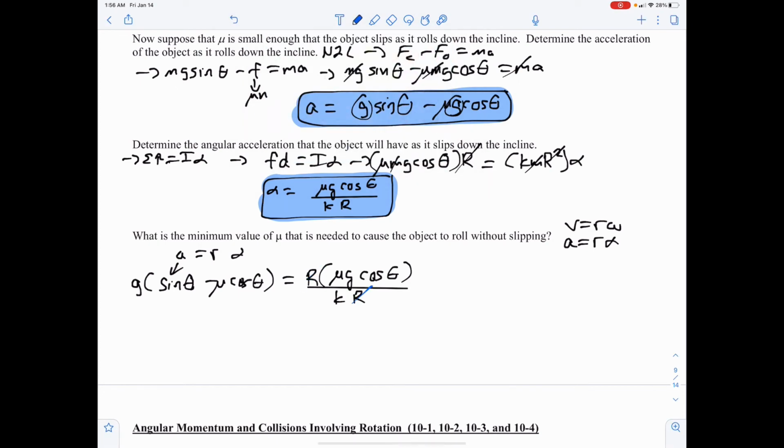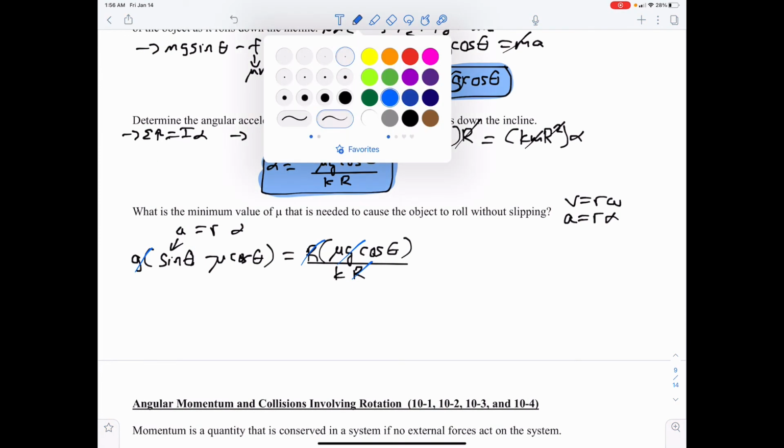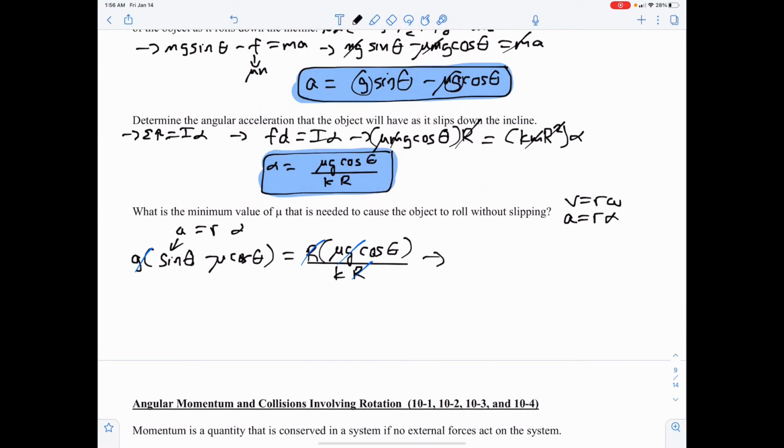So R cancels, mu G cancels. Now, we are left with mu over K cosine equals sine minus mu cosine.